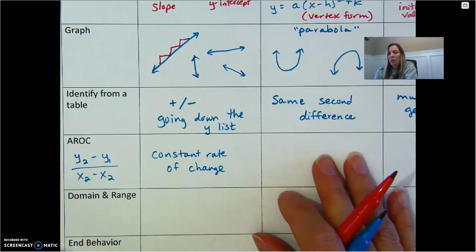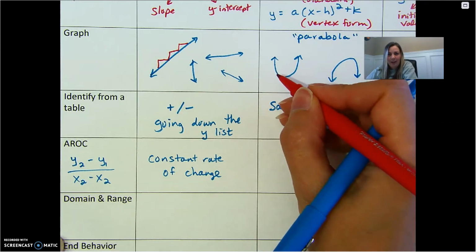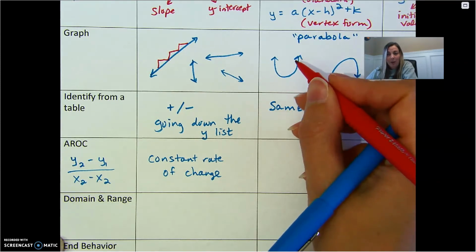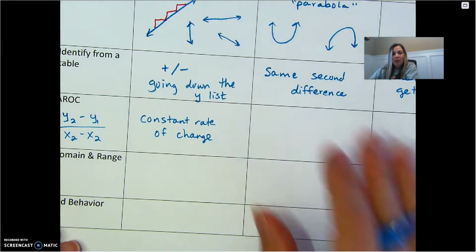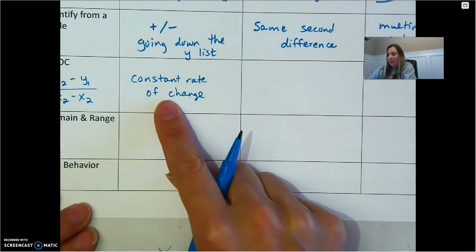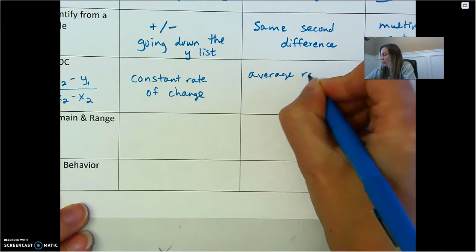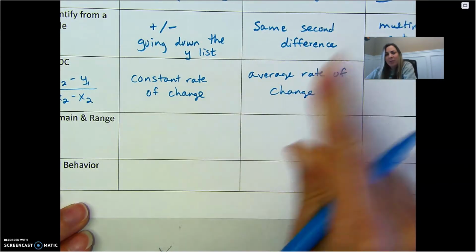However, when we get into quadratics, it's not constant. This side, for example, is negative because we're going down, and then this side is positive, it's going up. So we have these different rates of change going on. So instead of saying it's a constant rate of change, we say it's an average rate of change. No worries, the formula is still the same.